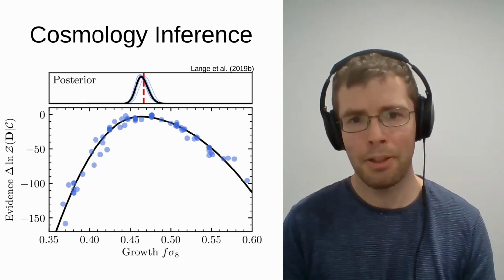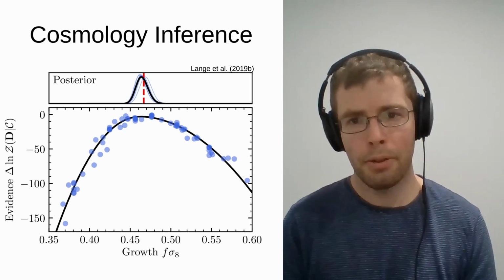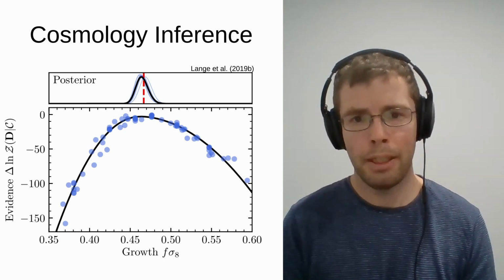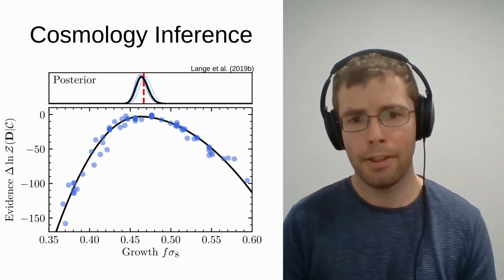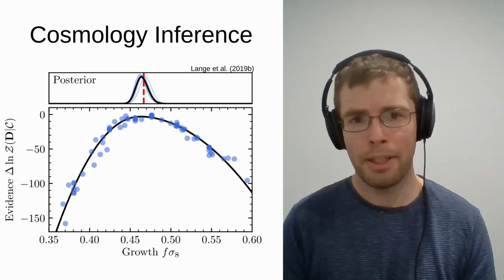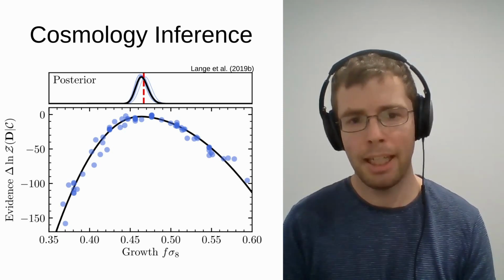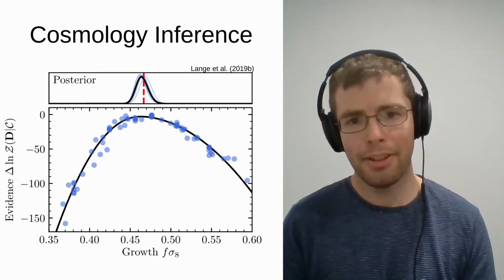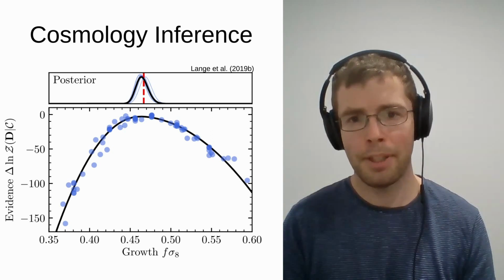So here's how this would look in practice. In this paper, we did some mock analysis of galaxy redshift-space clustering. We know from linear theory on large scales, galaxy redshift-space clustering should be sensitive to the cosmological parameter f sigma 8. So here we plot the likelihood of each simulation as a function of its f sigma 8 value.